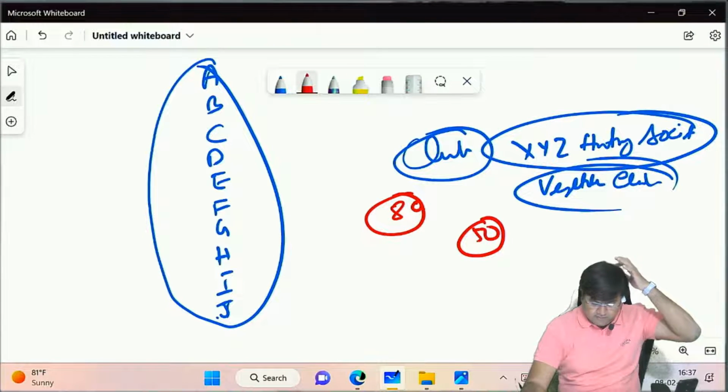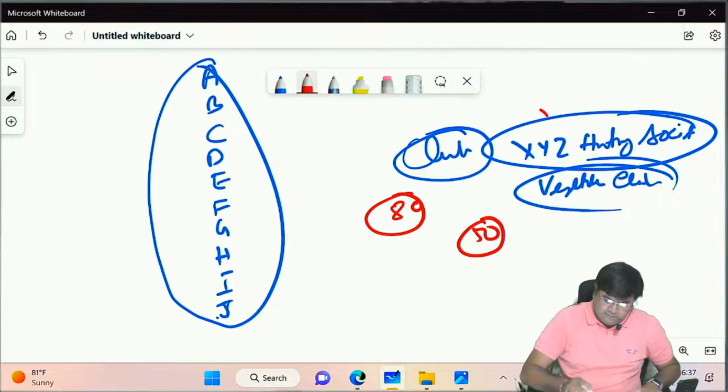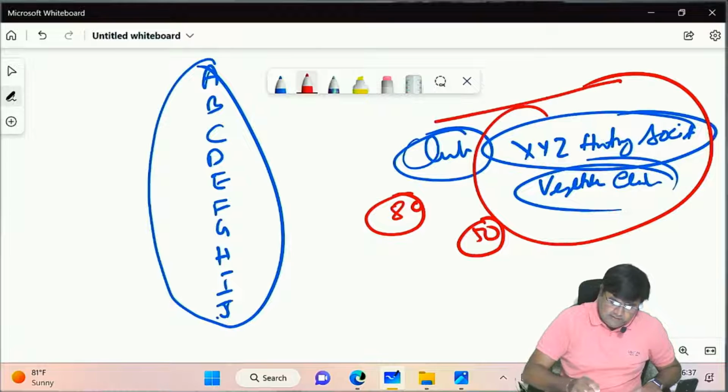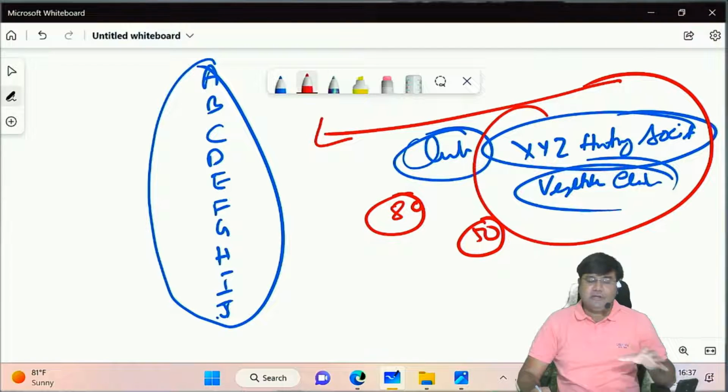The Constitution of India basically used to say previously that these are not separate entities. So if they are not separate entities, then the club supplying to A for 50 rupees is not subject to GST.